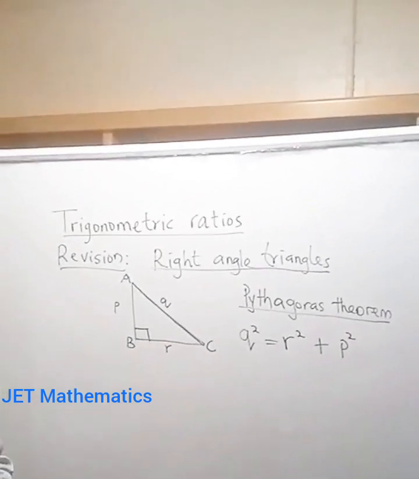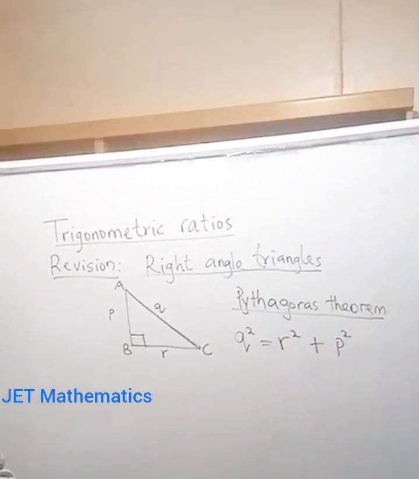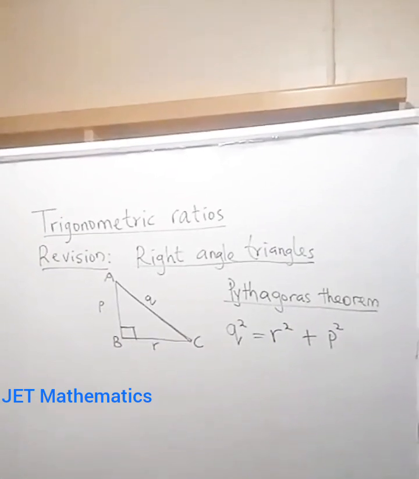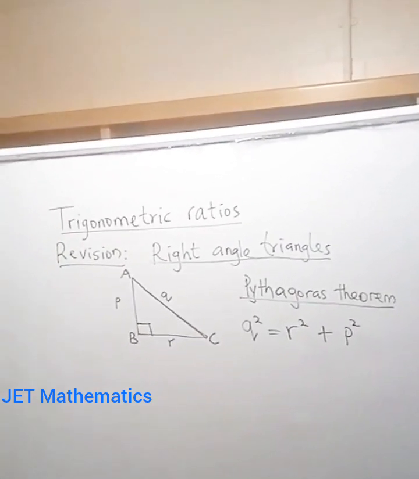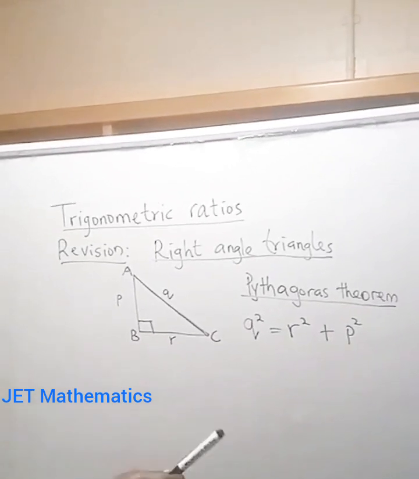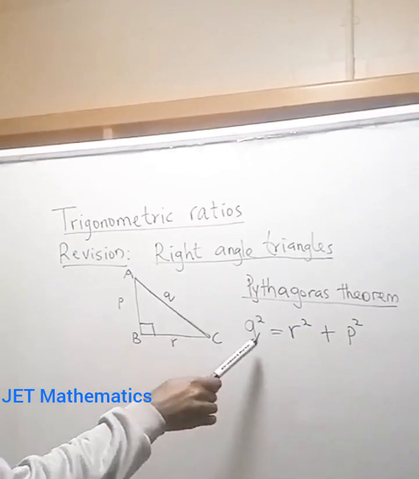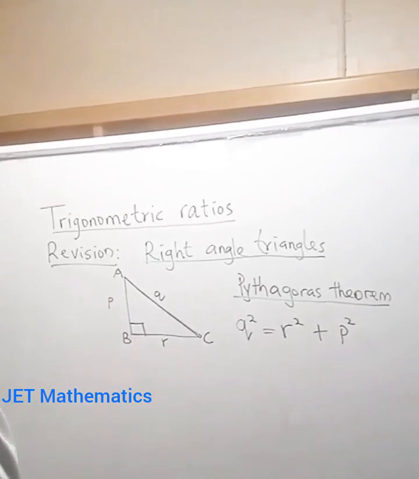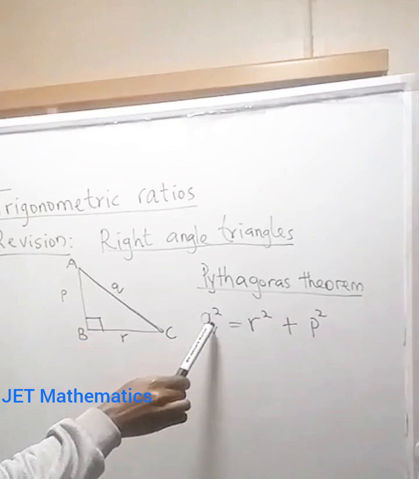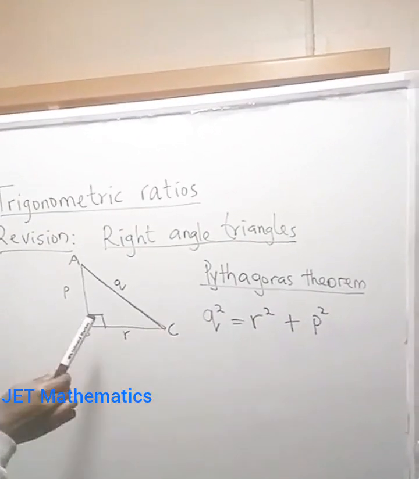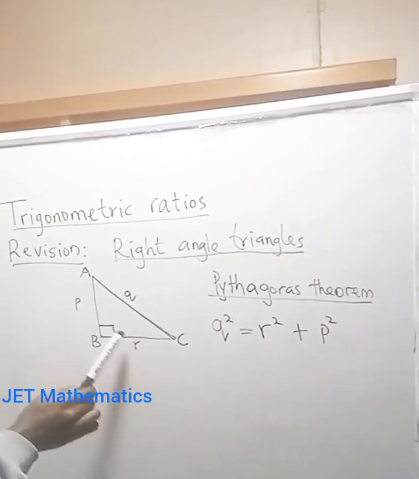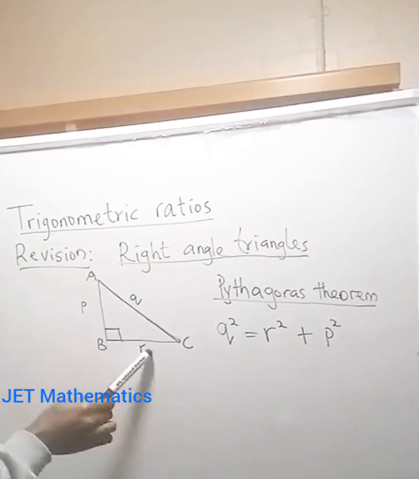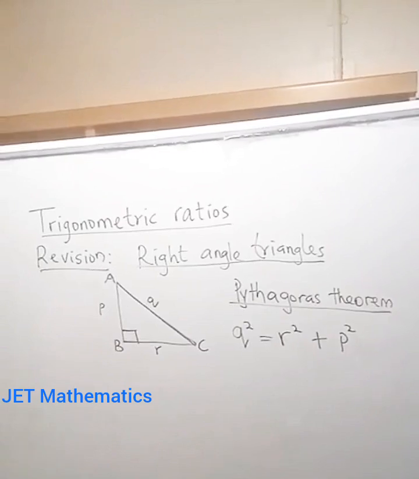Alright? So always remember this side is called the hypotenuse, which is the longest side. The square of the hypotenuse is equal to the sum of the squares of the other two sides. Alright?